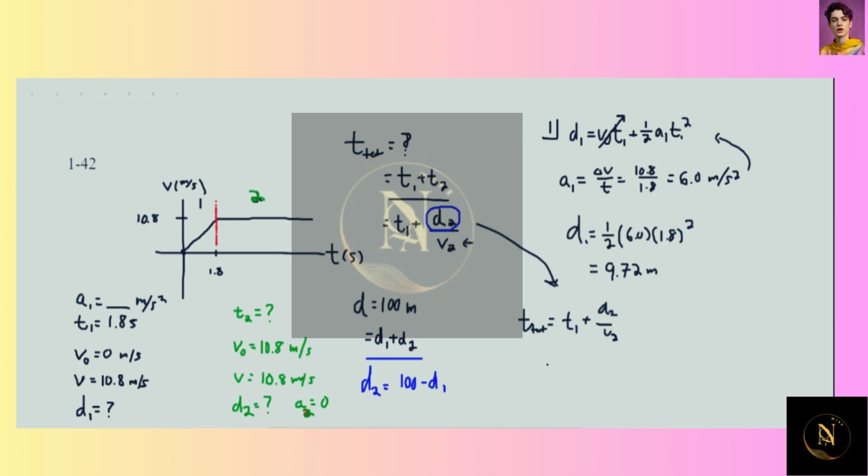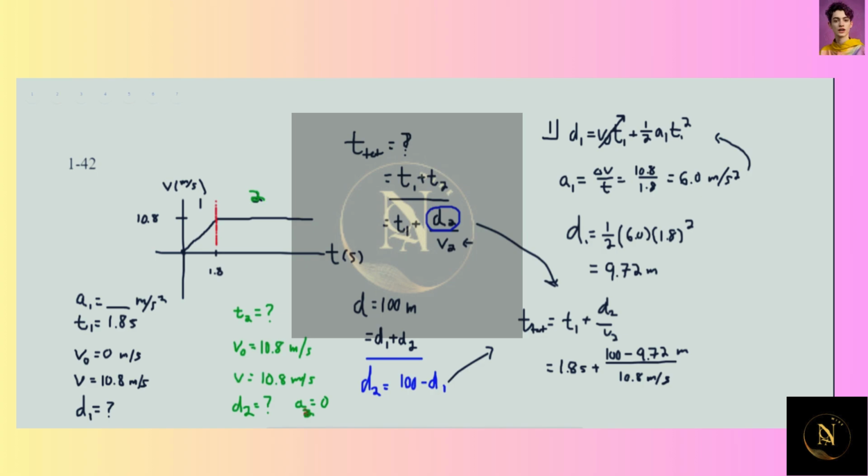That is 1.8 seconds plus the segment for D2, which is 100 minus D1, so 100 minus 9.72, all in meters, divided by the velocity of segment 2, which is known to be 10.8 meters per second.